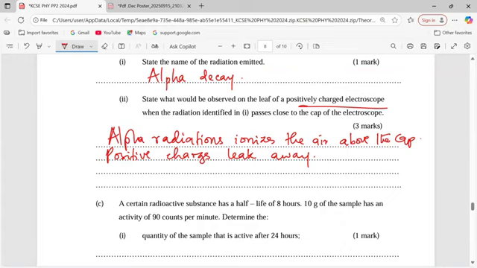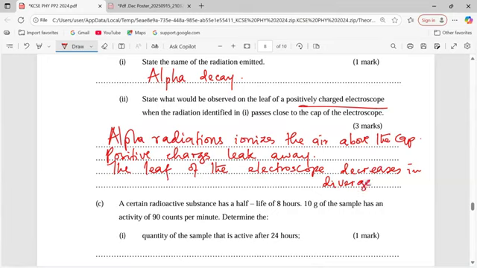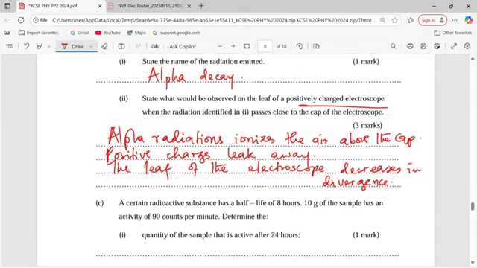Then we'll say that the leaf of the electroscope decreases in divergence, or rather, it collapses.